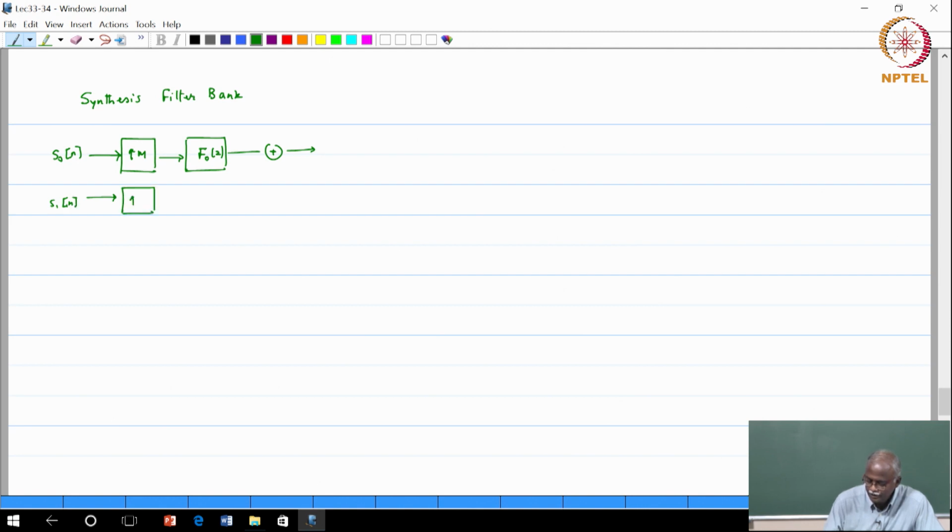upsampled by a factor of m, passed through another filter F1 of z, similarly all the m minus 1 signals. Upsampled by m, s of m minus 1 of n, F of m minus 1 of z.